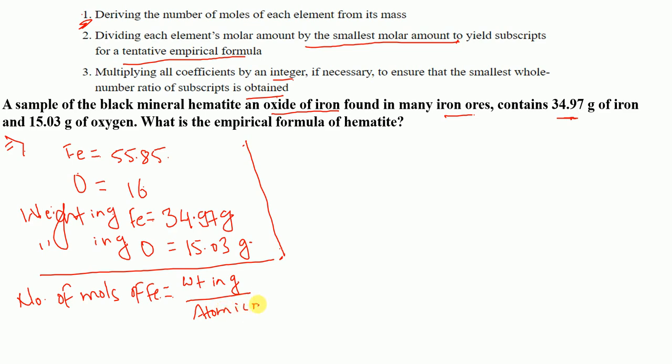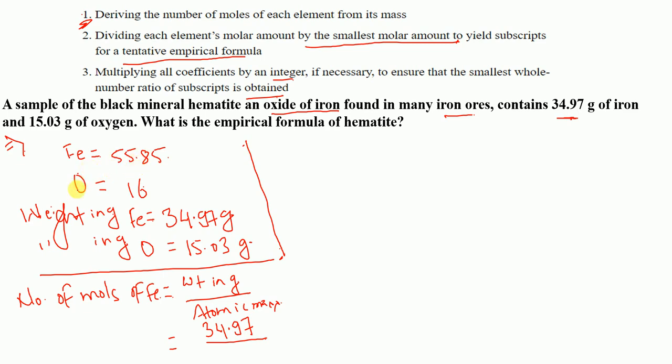The weight in gram that has been given for iron is 34.97, so we will write 34.97, and this will be divided by the atomic mass.